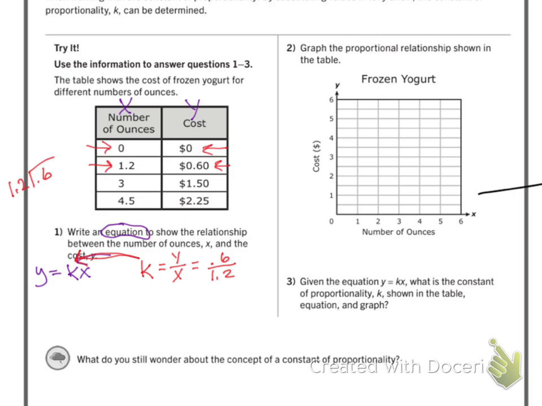I know that I have to move this decimal one time because I want to make it a whole number. So that's no longer going to be 1.2, but it's going to be 12. If I multiply that by 10 or move that decimal once, I must do the same thing here. So when I move that decimal once, it becomes 6.